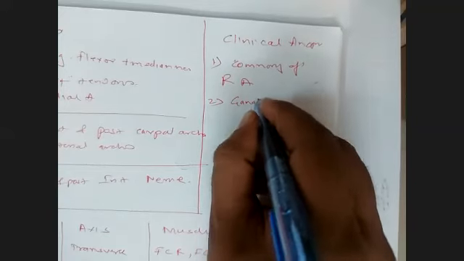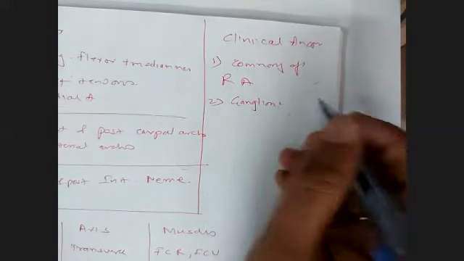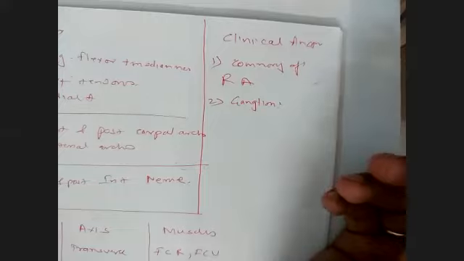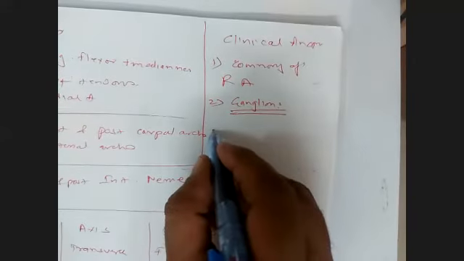Ganglion is very commonly seen. Ganglion is a cystic swelling because of the mucoid degeneration of the synovial sheaths. The synovial sheaths of the tendons on the backside undergo degeneration, and we see a swelling called ganglion on the backside.